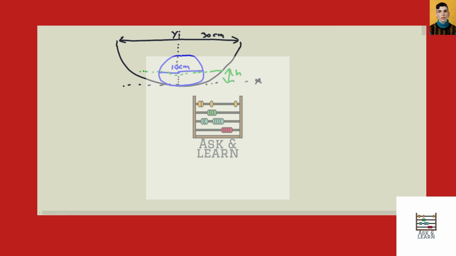First of all, we know that for the bowl, the diameter is 30 centimeters, so therefore the radius is 15 centimeters. Let's assume we have the origin at the very bottom of the bowl here, and the x and y axis go through the middle of it.